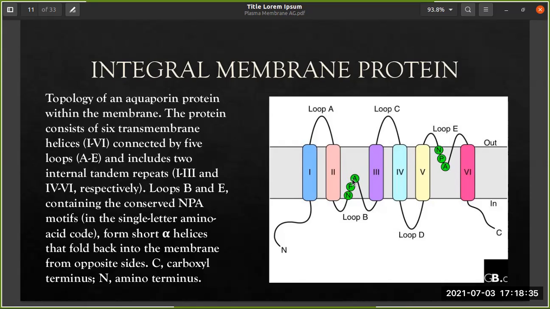But these hydrophilic amino acids pull the water inside. Because they like water, water can only enter from this place, this channel. Therefore, aquaporin allows water through certain hydrophilic residues only. And this is how they are organized on the plasma membrane. So we talked about an integral membrane protein here.